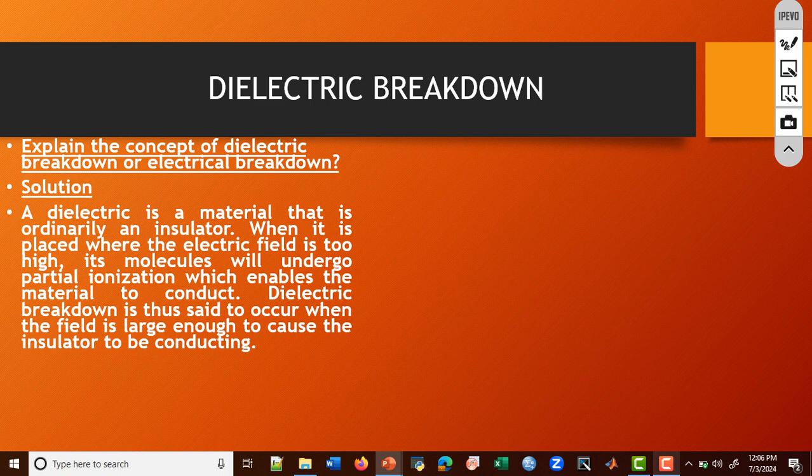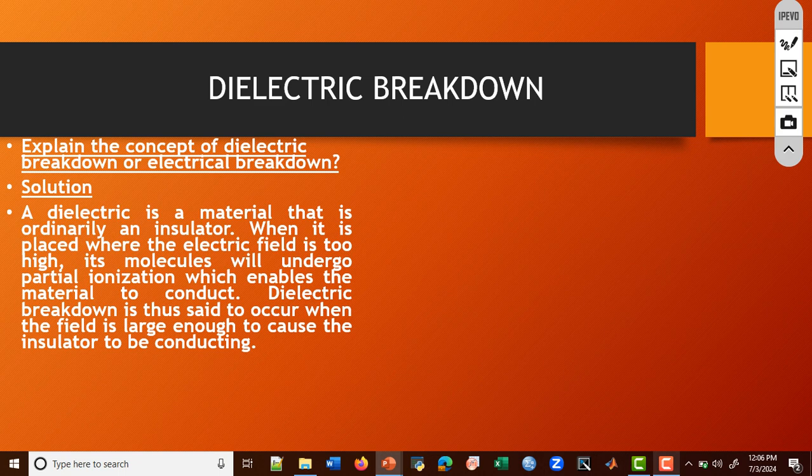If a capacitor does not have an insulator between the plates, charges can flow from one plate to the other. So the essence of the insulating material is to prevent charges from flowing from one plate to the other. But there is an amount of voltage every insulating material can withstand before breaking.